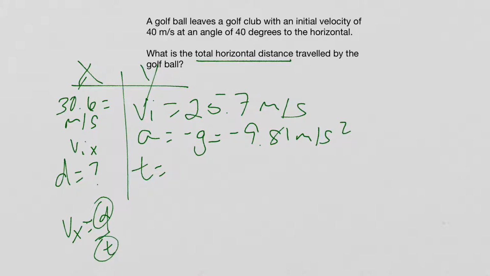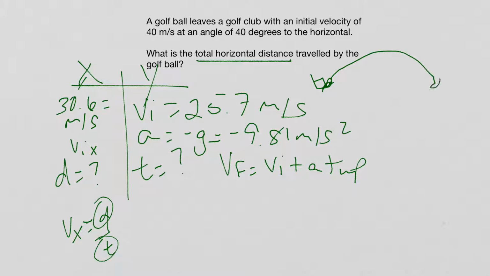And just like we did in the last problem, we can use the equation Vf equals Vi plus A t up, because again, the ball is going to get hit by the golf club, and then it's going to go up and come straight back down. So we're going to break it up into two parts, and we're going to solve for time right here.